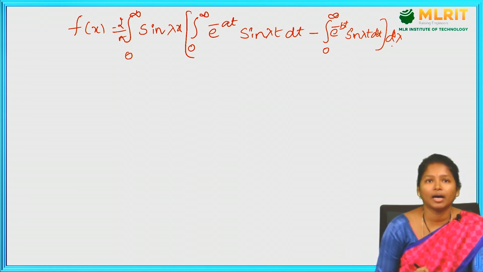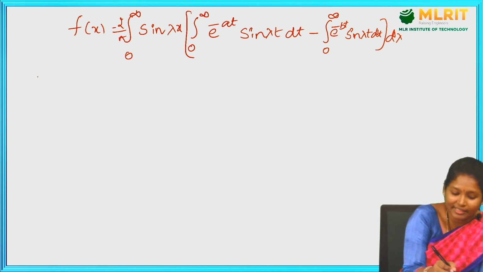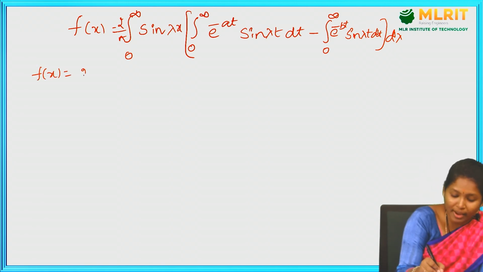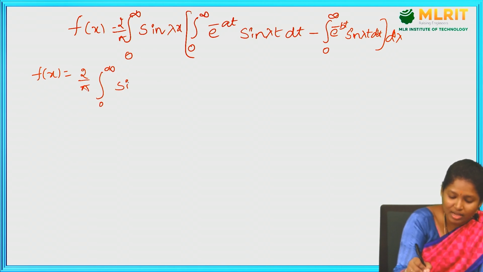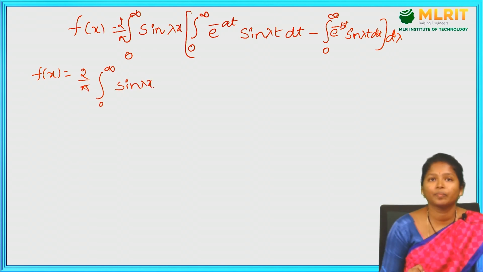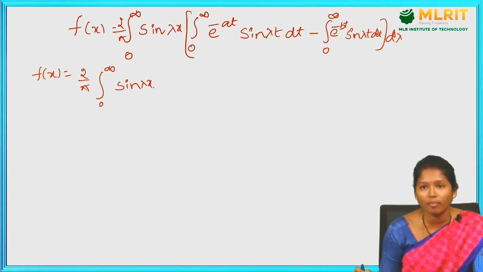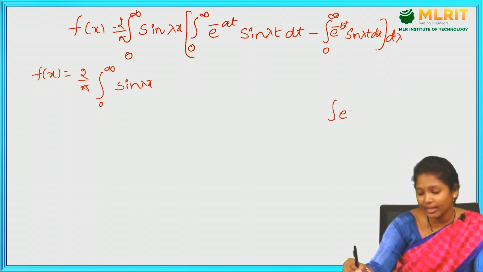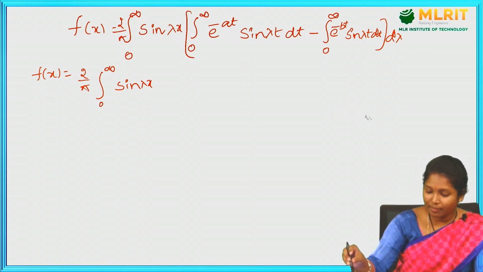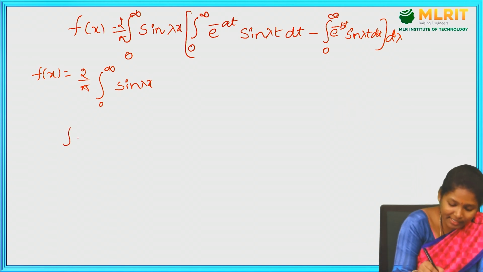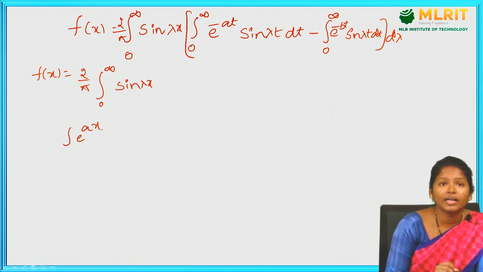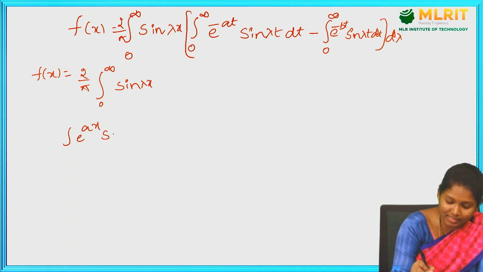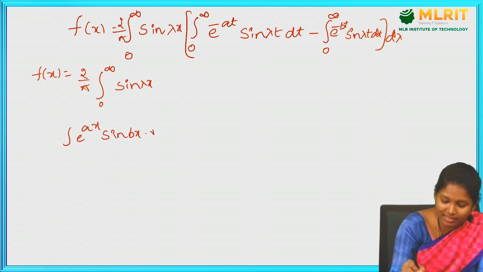into d lambda. So we will integrate what we get, f of x equal to 2 by pi integral 0 to infinity sine lambda x. Here this is in the form of integral e power ax sine bx dx.